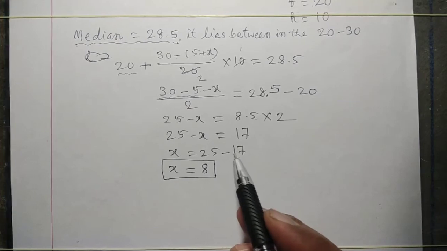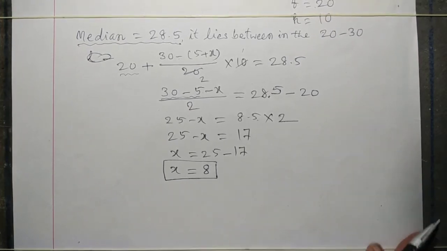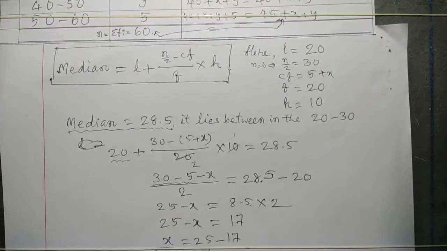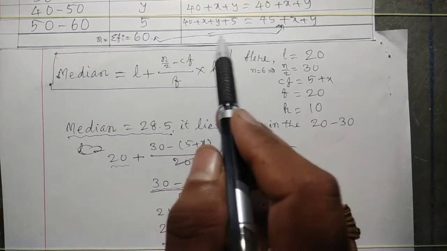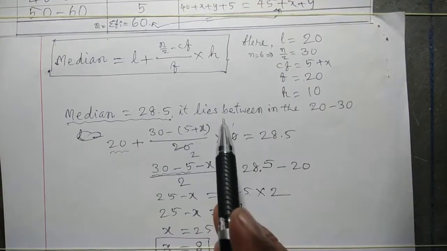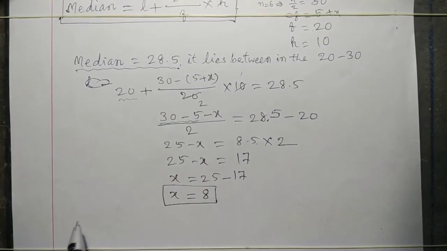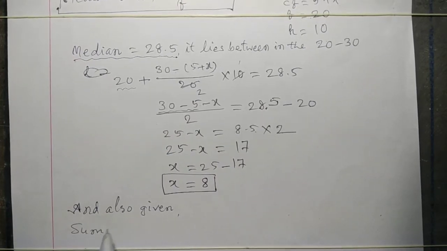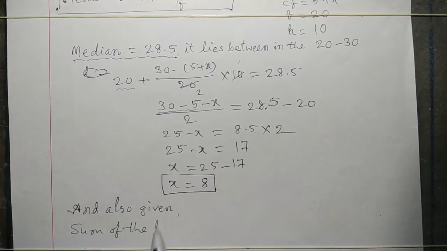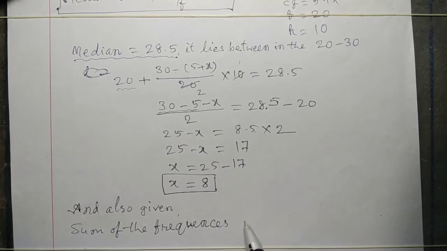Next we have to find y also, and one more piece of information is given: the sum of the frequencies is 60.